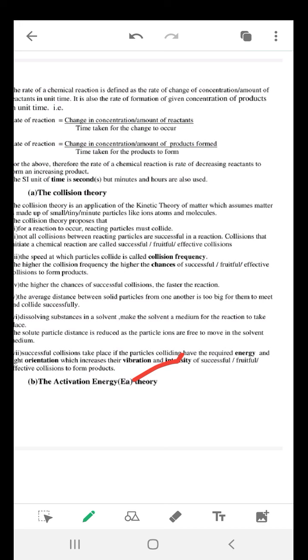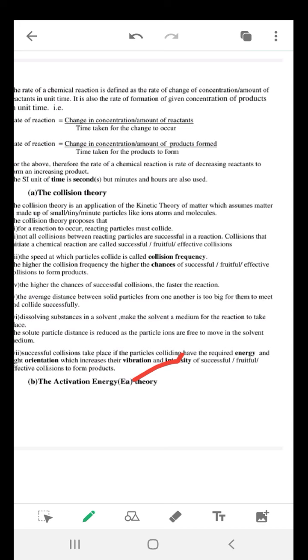Particles are moving from one point to another, and when they collide, if a chemical reaction takes place, we call that collision a successful collision or a fruitful collision. Then three, the speed at which particles collide is called the collision frequency.